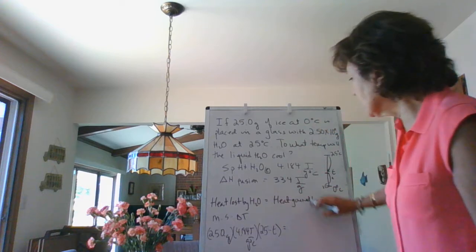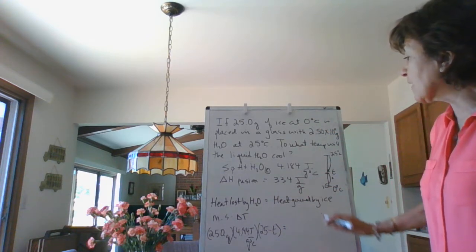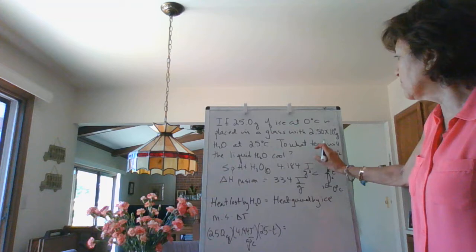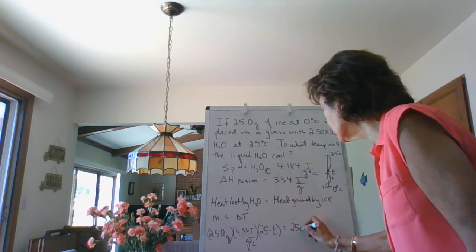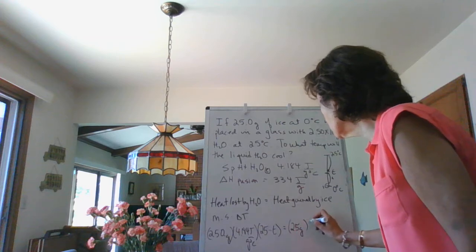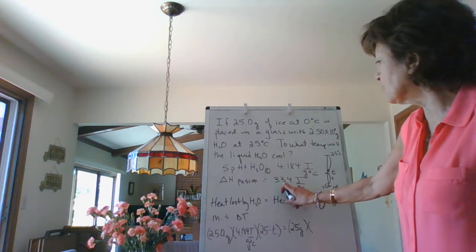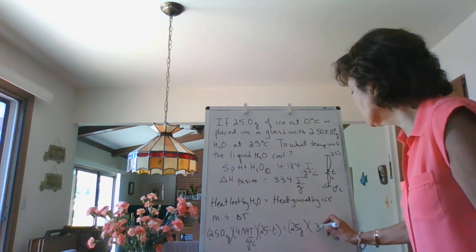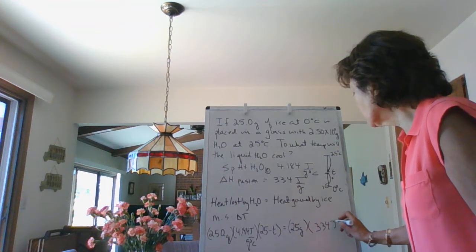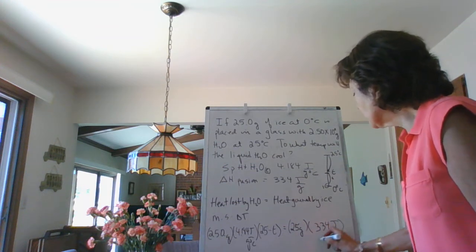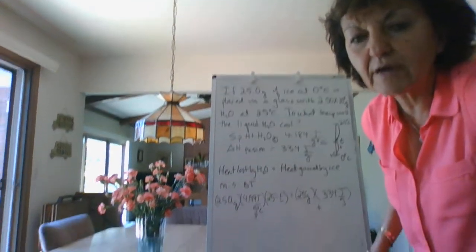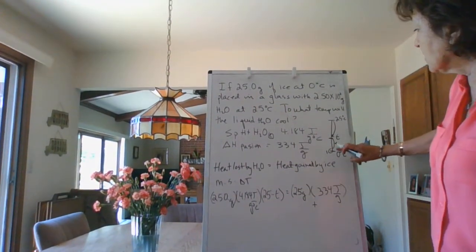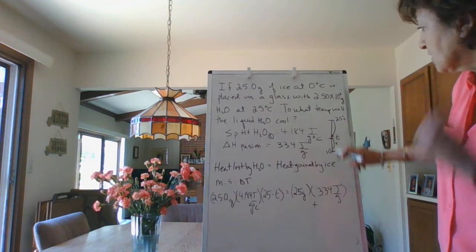Then what's over on this side? Well, first you have to melt the ice cube. So the ice cube is 25 grams. And then you multiply it by its delta H of fusion. So it's 334 joules per gram. But you also have to add that to, because remember, now the ice cube is melted, but now it has to go to this final temperature.